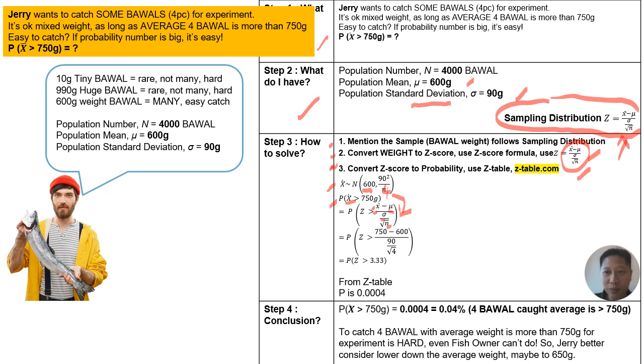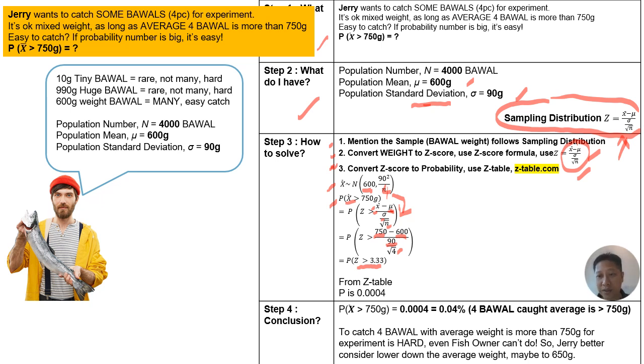We want 750 gram. Mu is the population average, population mean 600, and sigma is 90, the standard deviation. And last one, n, is we want to find 4 fishes. So later on we get z is larger than 3.33.